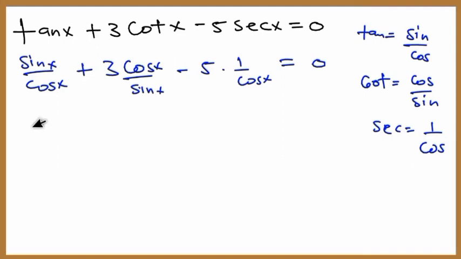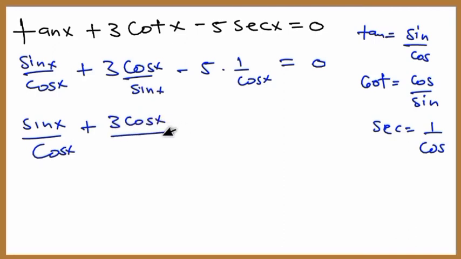So we will have sin x divided by cos x plus 3 cos x divided by sin x minus 5 divided by cos x equals 0.